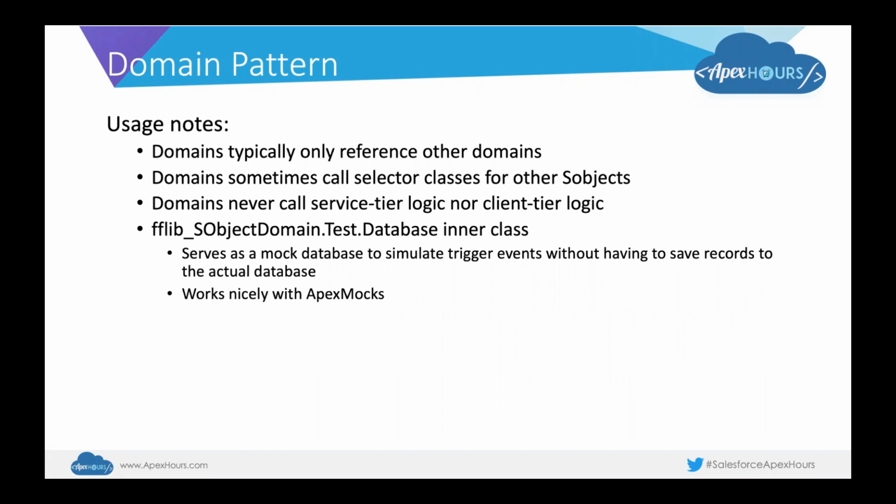And what that allows you to do is, if you set up the domain pattern correctly, you can simulate all the trigger events for unit testing without actually saving records to the database. Now, that seems like a very simple concept, but you've got to understand that if you have a very long deployment process to production, it's not because you're deploying a lot of code. The code is being deployed, but then you're running a lot of tests along the line, and those tests can take hours.